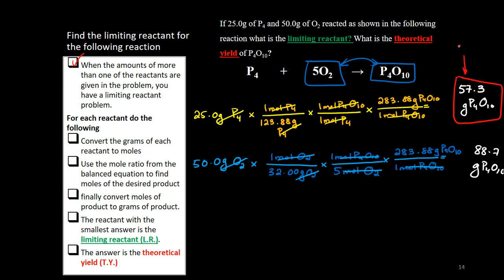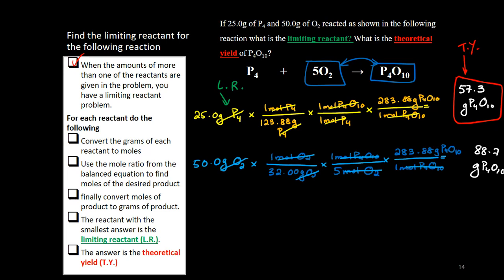So this is theoretically the maximum amount of product I can form if I react 25 grams of P4 and 50 grams of O2, because the 25 grams of P4 is limiting my reaction. So it's the limiting reactant. We had to do both calculations in order to figure out which reactant, P4 or O2, will produce the smaller mass of product. The smaller mass of product, the numerical answer, is my theoretical yield.